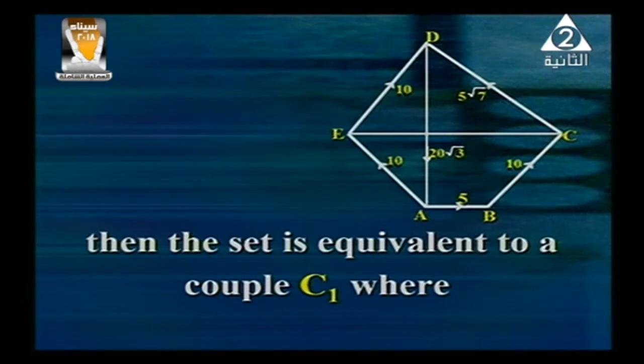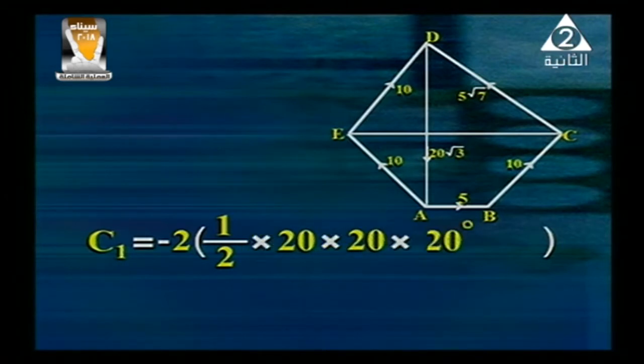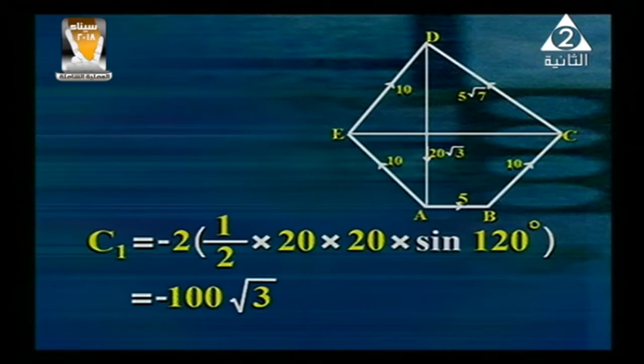Then the set is equivalent to a couple C1, where its moment equals what? Negative 2 times half base times height, area of base times height, equals negative 100 root 3 Newton centimeter.